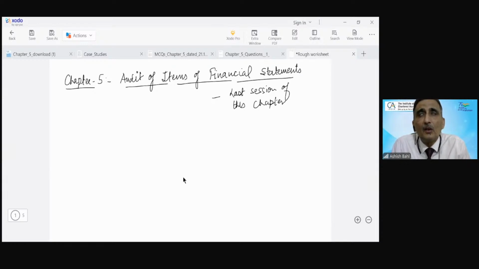Clear, guys? Like all other items of the balance sheet and the statement of profit and loss, there are disclosure requirements prescribed in Schedule 3 to the Companies Act in respect of cash and cash equivalents.